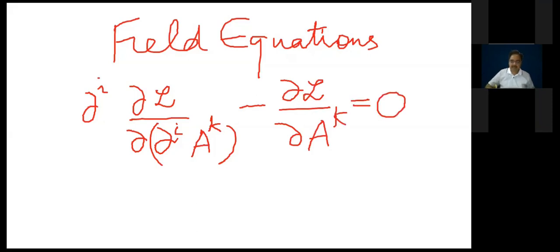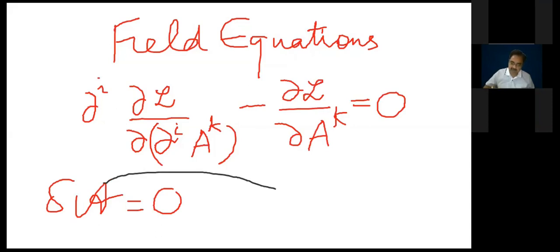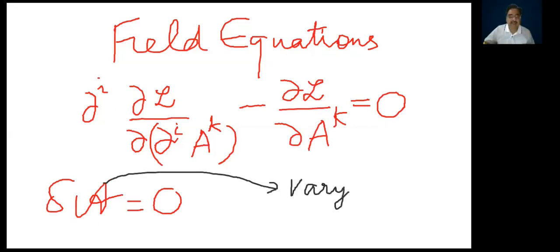It means that we have the action, and we are varying the action, putting this equal to 0. The variation of the action is with respect to the field coordinates. So this thing is being varied with the field coordinates.